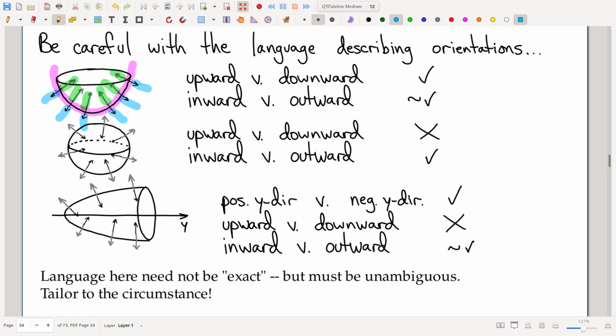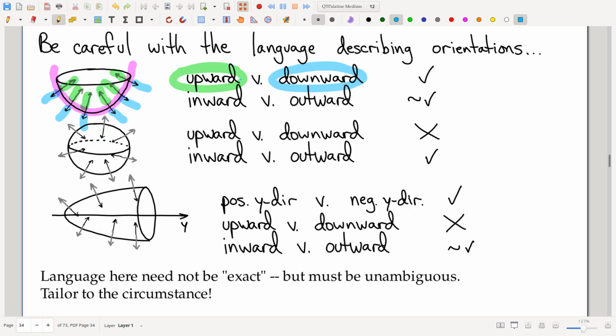And I suppose maybe I could describe that I want the green orientation, not the blue orientation, by actually solving for and writing the explicit formula for these green normal vectors. Well, I want y'all to do that, right? That's part of the solution. So I would like to be able to distinguish the green from the blue without having to write down the explicit exact formula. And so the way we do that is we use fairly sloppy language like upward and downward.